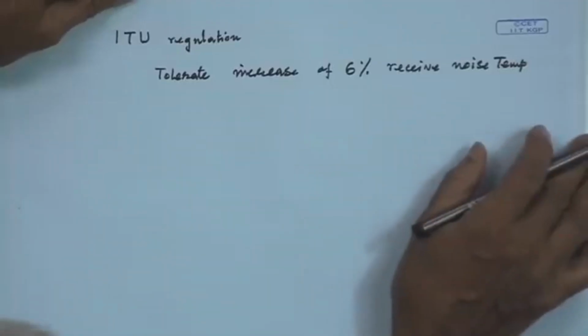Therefore, that interference has to be tolerated. From this brief discussion you can see that the gain of the antenna comes into the picture. It is a very important point. The direction of your station from the satellite, the direction in which a station is pointing to the satellite, and the gain pattern really affect the interference. We will see more detail of that, but first let us see this 6% figure.